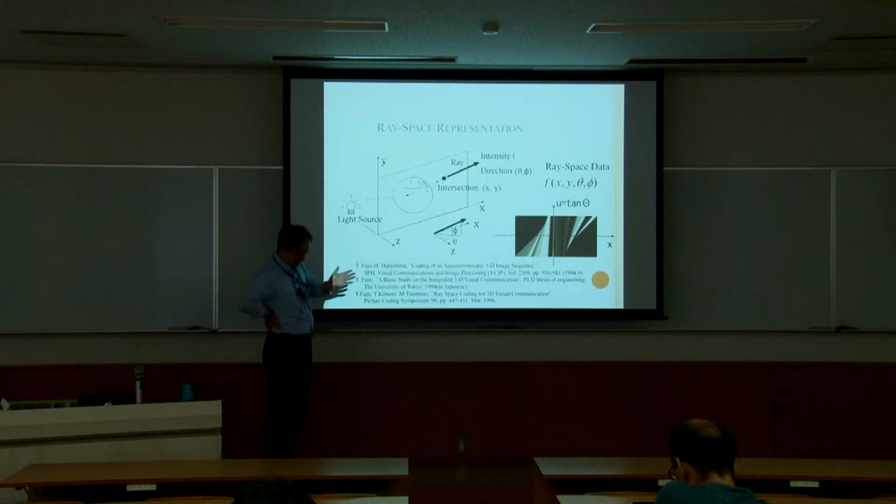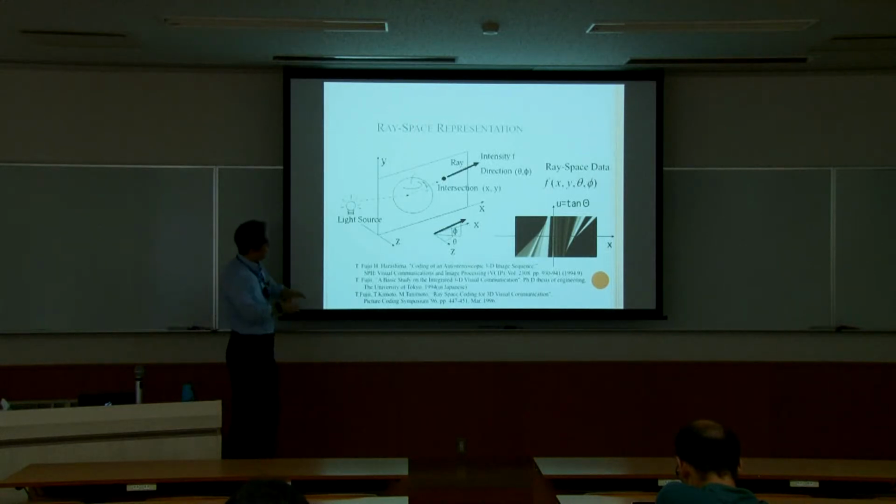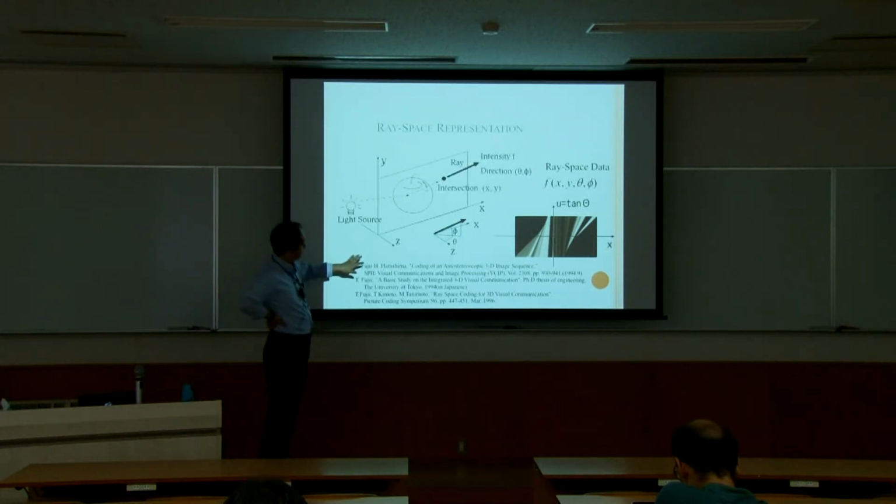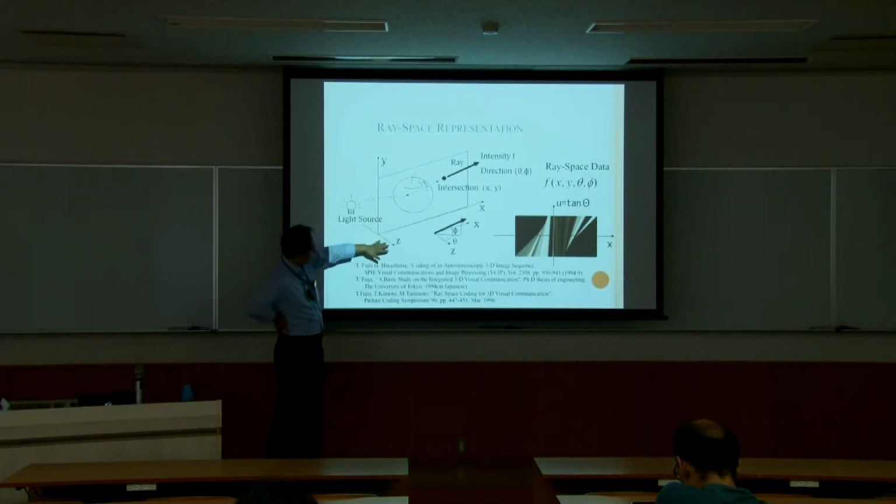Or in the multi-view case, many of these images, for example, 128 views. This is a 3D image in the old sense. But we redefined this concept by using rays. So this is a 3D scene, and this is the object. So we define this reference plane. In this case, z equal to 0.